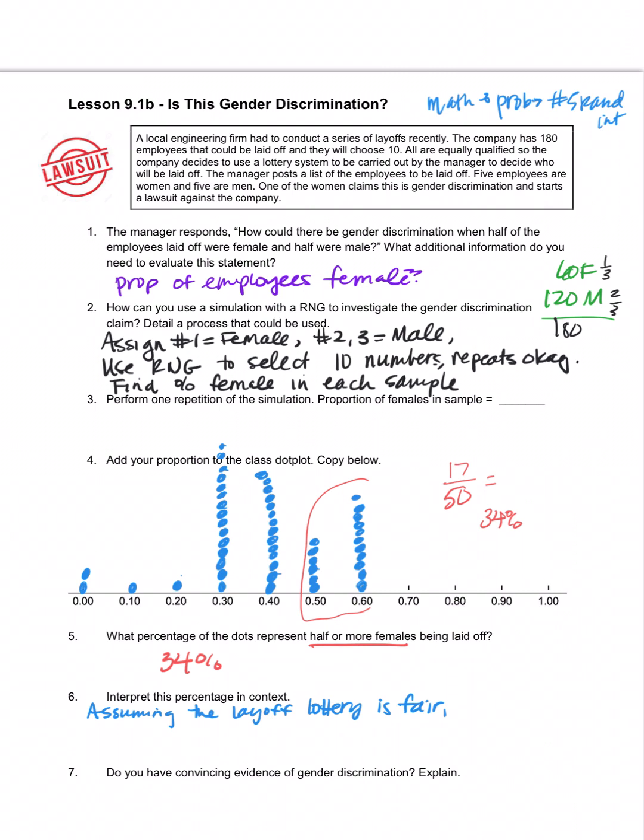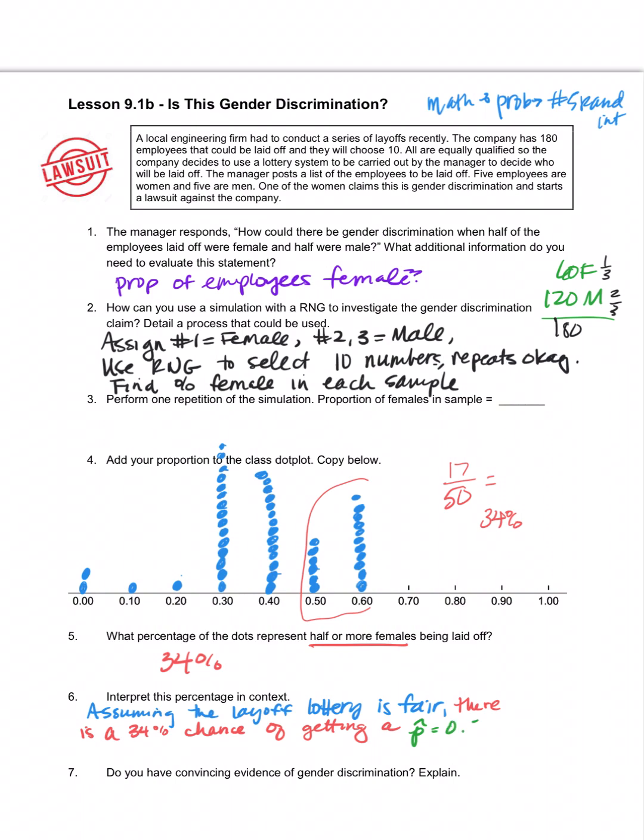Assuming the layoff lottery is fair, there is a 34% chance of getting, okay, what was the proportion of females in that sample that she's questioning?